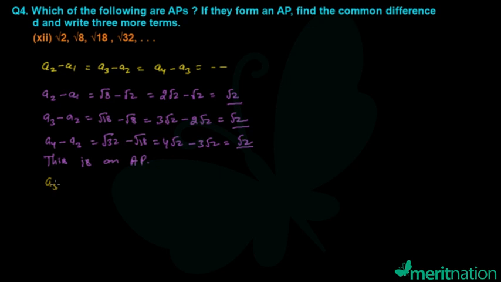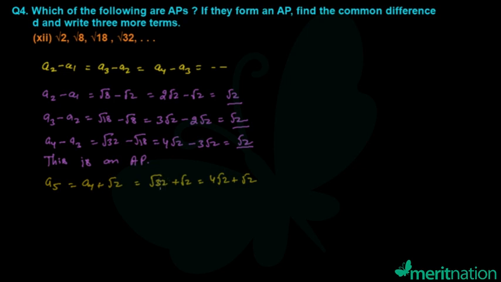The next term will be a5, because 4 terms are already given. a5 is the last term a4 plus the common difference. So a4 is root 32 and root 2 will be added here. Means we are adding 4 root 2 and root 2.